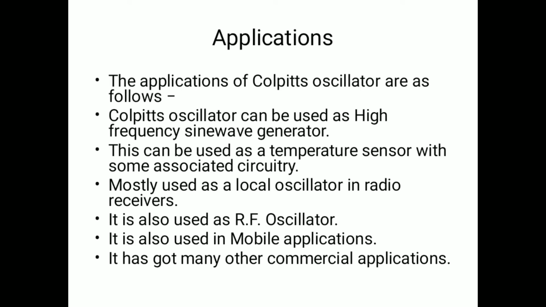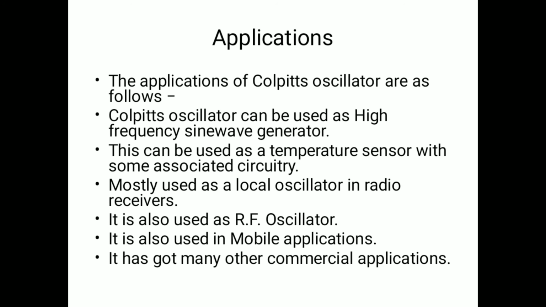Now let's talk about the applications of the Colpitts oscillator. It is used to produce radio frequency signals, so it can be used as a high frequency sine wave generator. Second, it can also be used as a temperature circuit with some additional circuits. It can be used as a local oscillator in radio receivers.